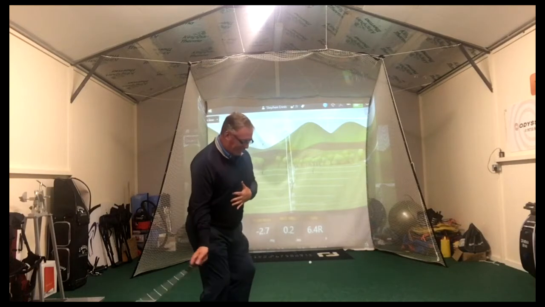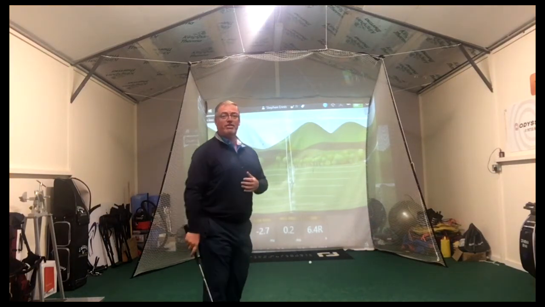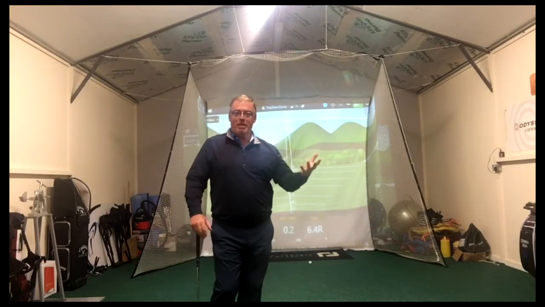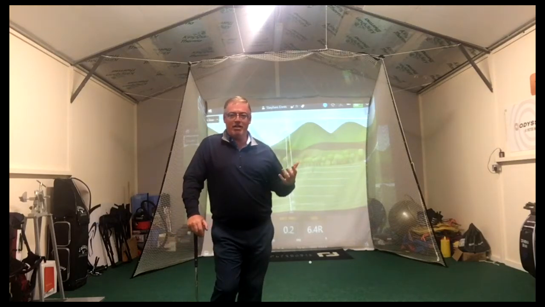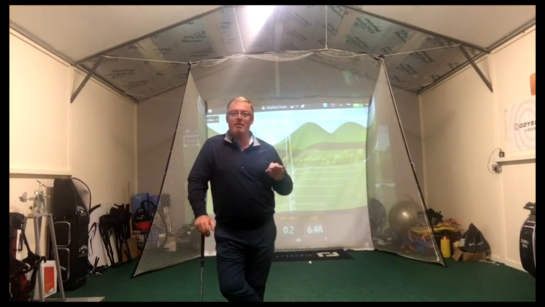Equally, if you have an in to out, so you're looking at a draw path or the potential for a draw, you will be in to out pretty much all the time. The odd occasion, something strange happens, but pretty much all the time. That's consistent with the individual.